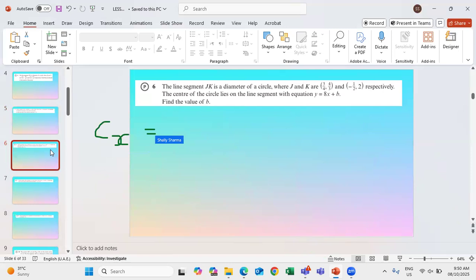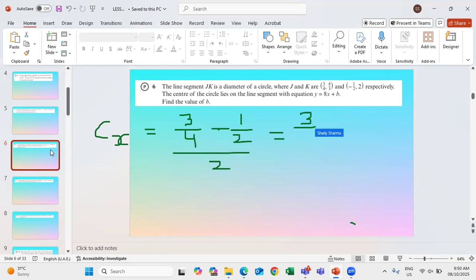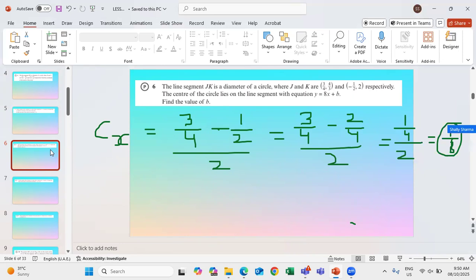Cx will be equal to 3/4, the x value of the first point, plus minus half, that is -1/2, and divide by 2. So I can write it as 3/4 minus 2/4 divided by 2. That is 1/4 divided by 2, and that is equal to 1/8.